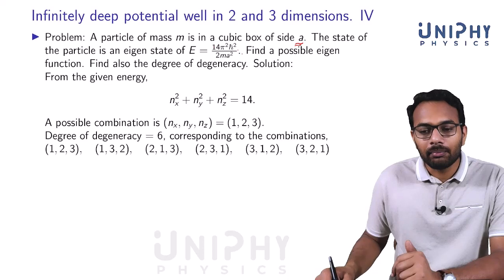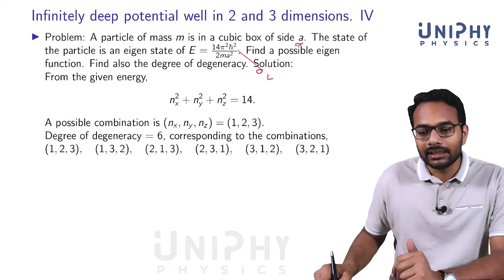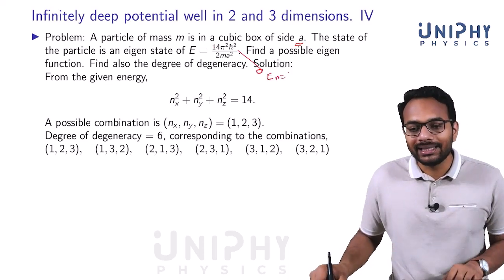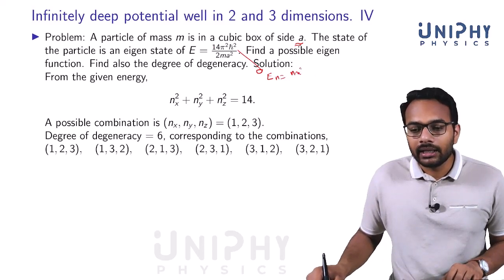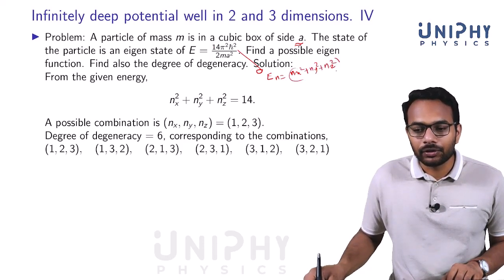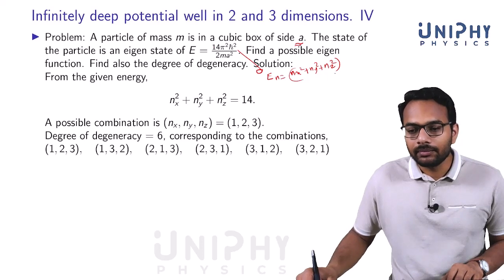So comparing it with this, we had En for a cubic box. We had En equal to nx square plus ny square plus nz square, multiplied by pi square h cross square divided by 2 m a square.